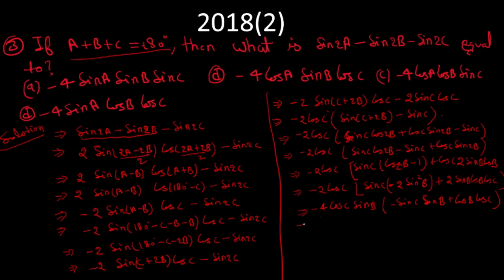So what becomes of this: minus 4 cos c and sine b. Okay, here is minus 1 minus, so that we get sine c plus b cos c, cos c and sine b.